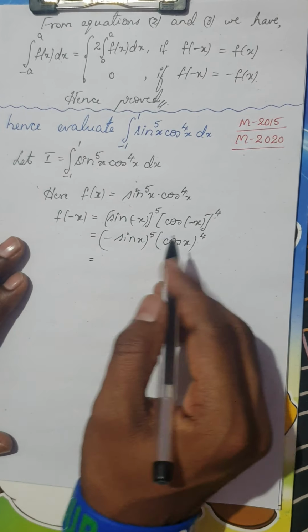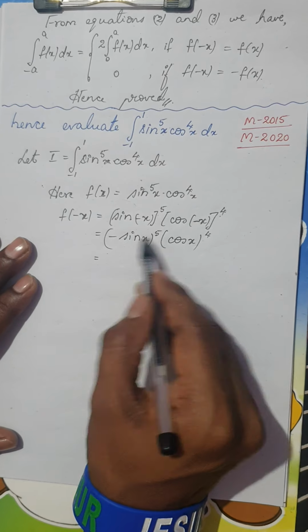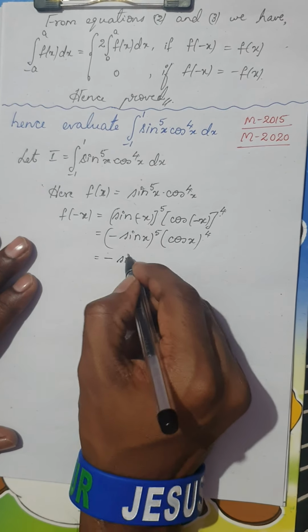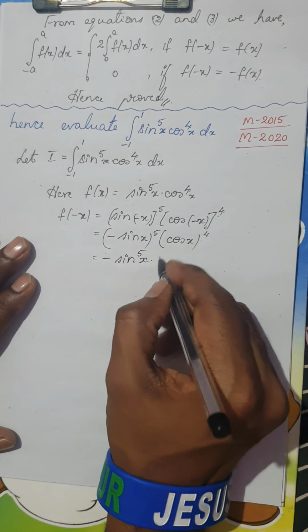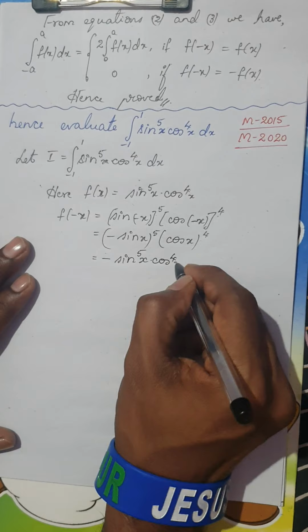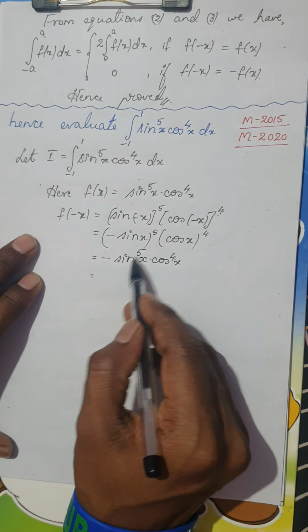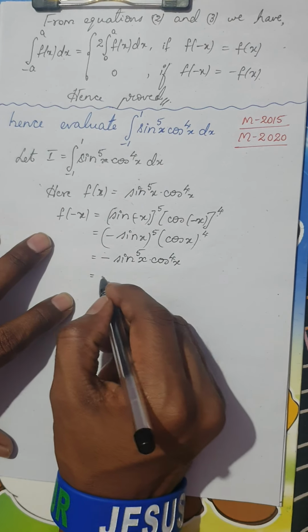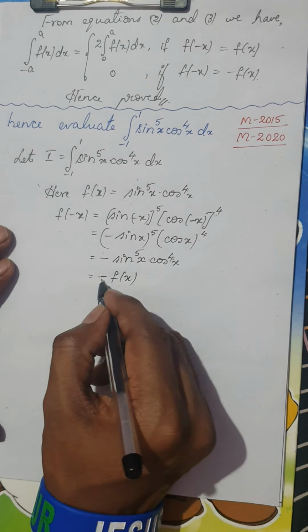Because the power 5 is odd, the minus will remain as it is, and this becomes minus of sin^5 x, and cos^4 x is as it is because there is no negative sign there. Now we can see sin^5 x cos^4 x is nothing but f of x, but you have a negative sign: minus of f of x.